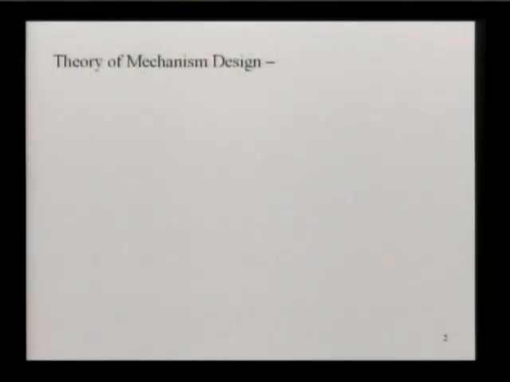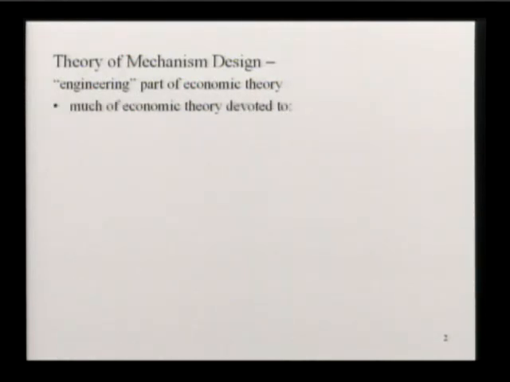So, first of all, the one-sentence definition. In my view, mechanism design theory is the engineering part of economics. As I'm sure you know, much of economic theory concentrates on taking existing economic institutions and trying to predict or explain the outcomes that those institutions give rise to.